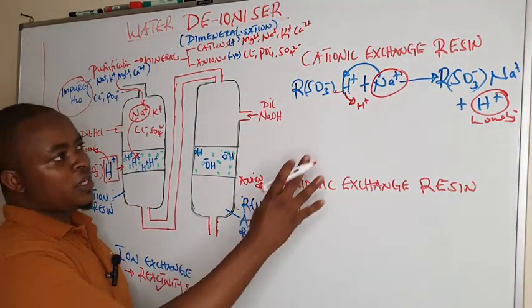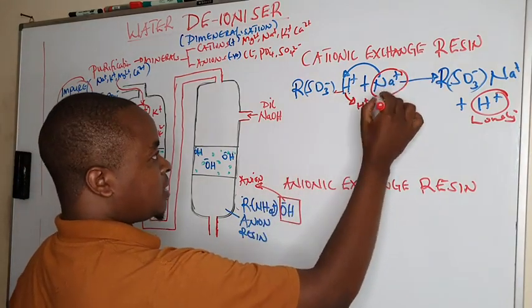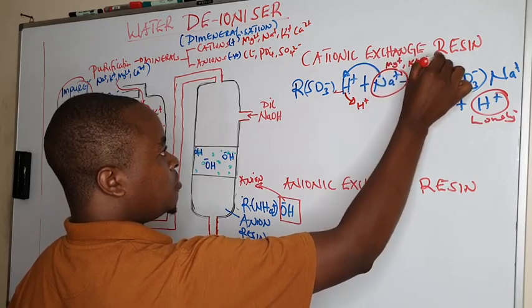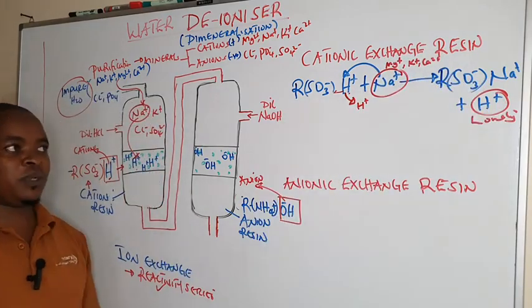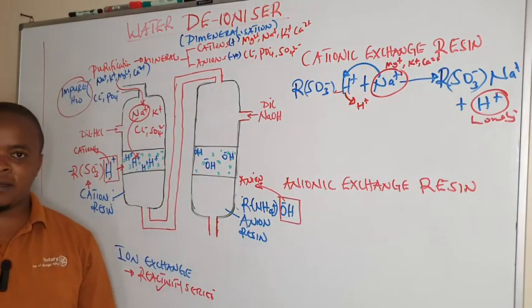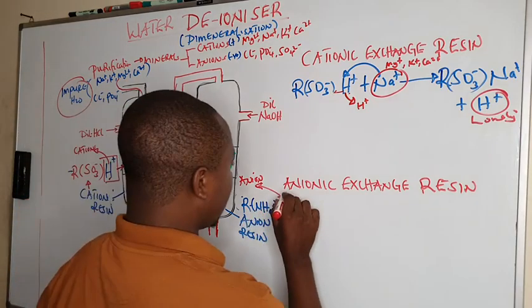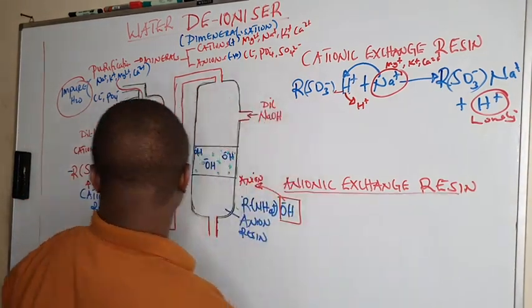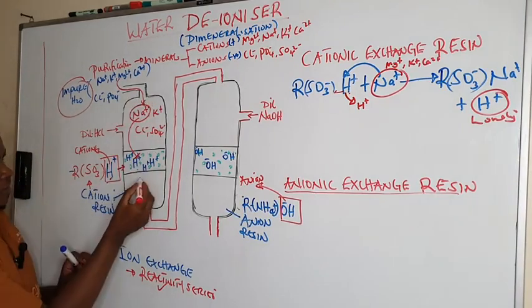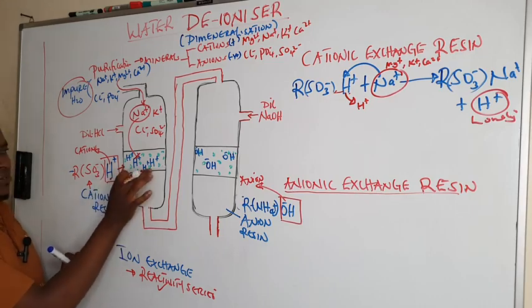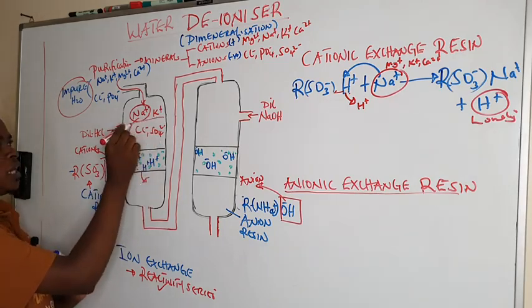So here I have used the sodium, but other cations can be magnesium, potassium, or calcium. They do the same of displacing the hydrogen ion. Then what happens under the anionic resin? By the time the water passes through the cationic resin, it is free from any cations.